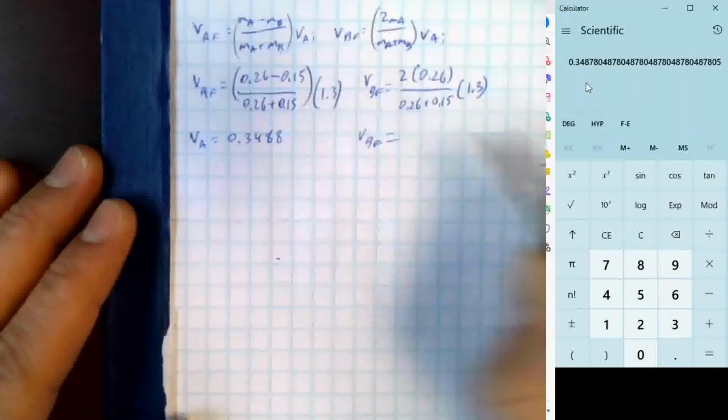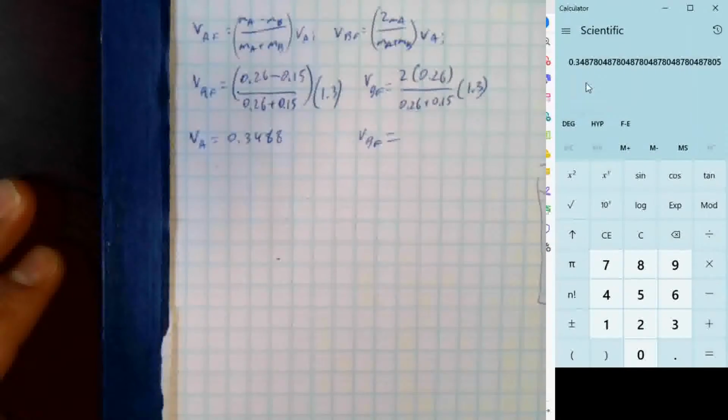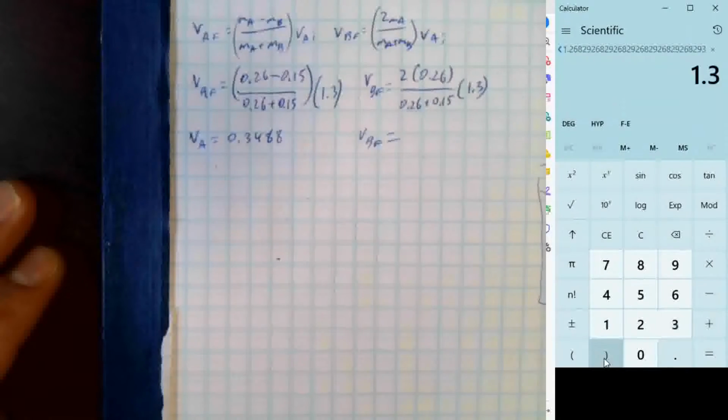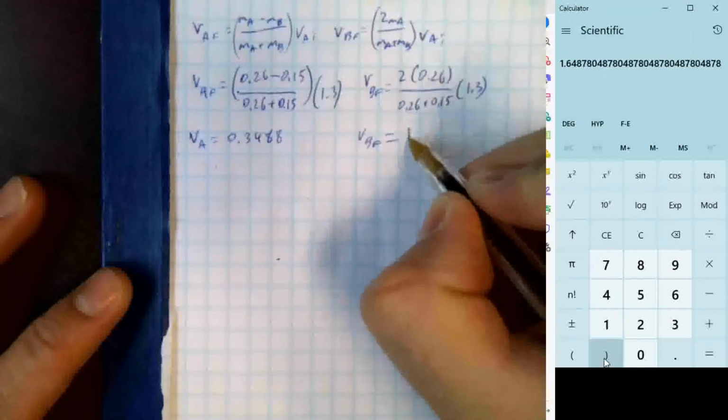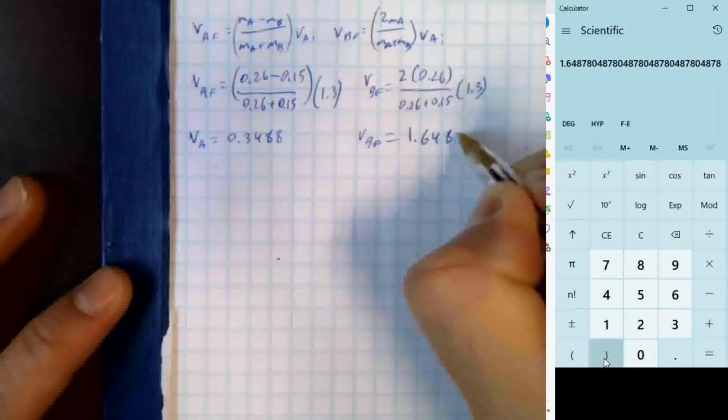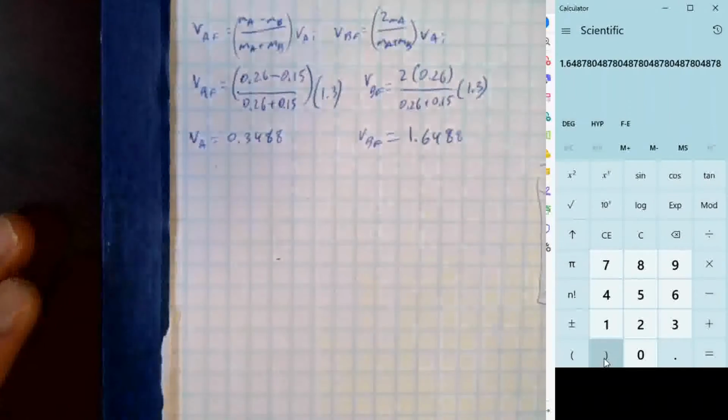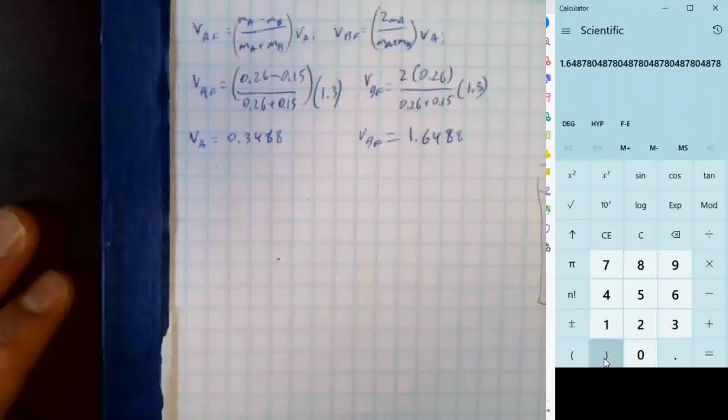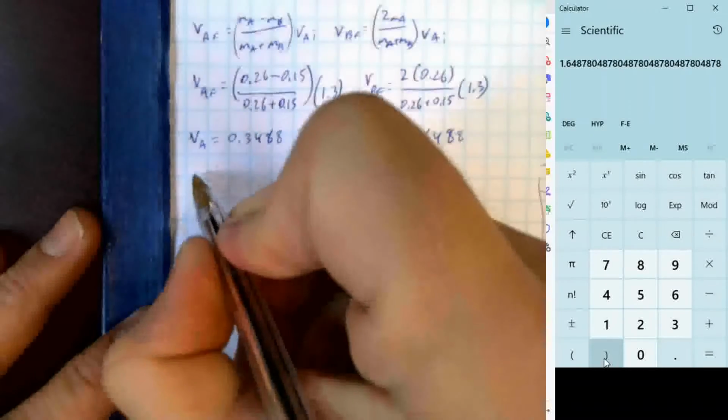Our VBF is 2 times 0.26 divided by 0.26 plus 0.15, so this ratio times 1.3, and we have 1.6488.